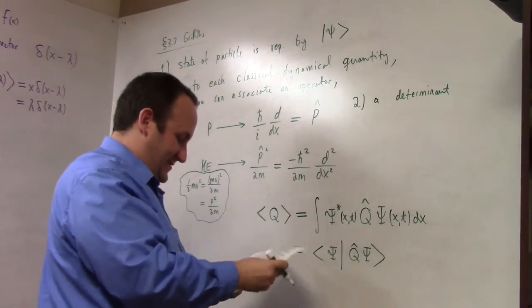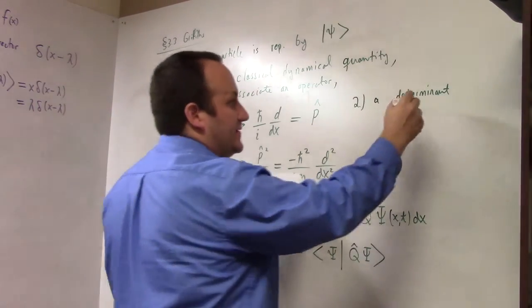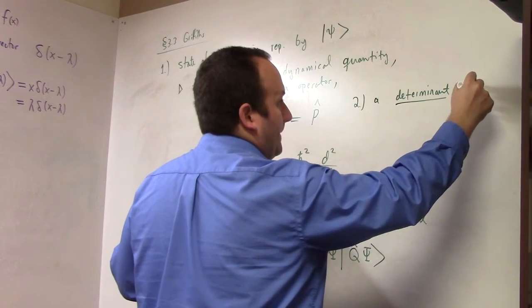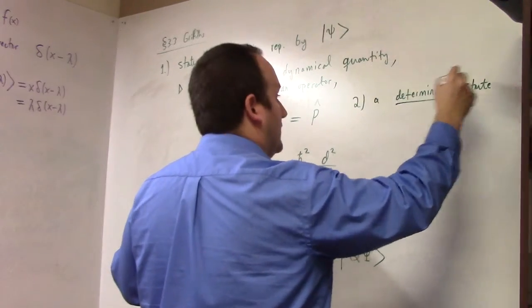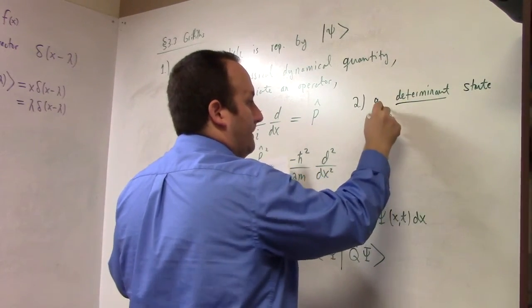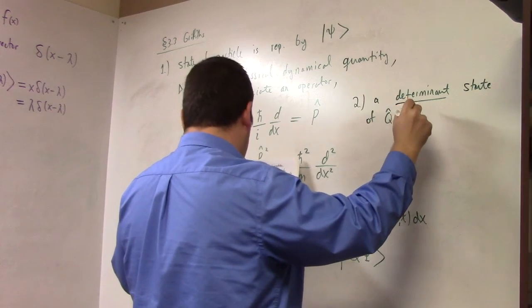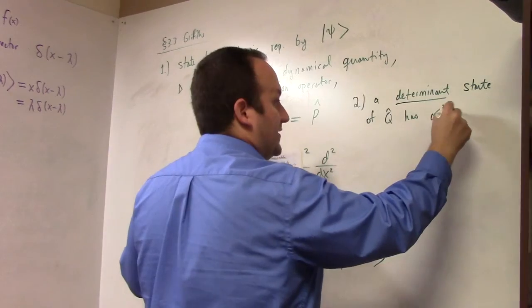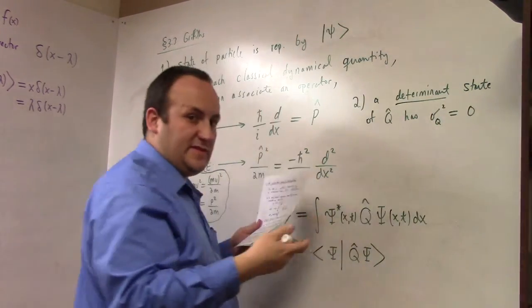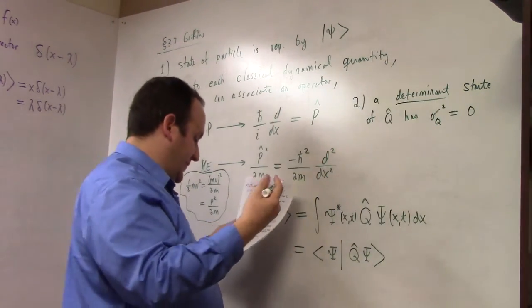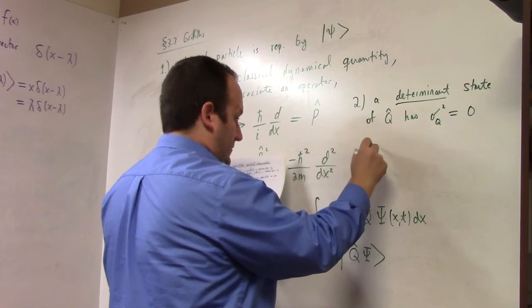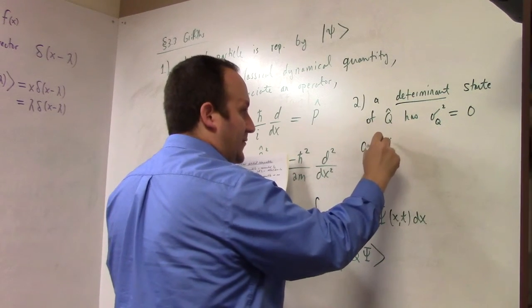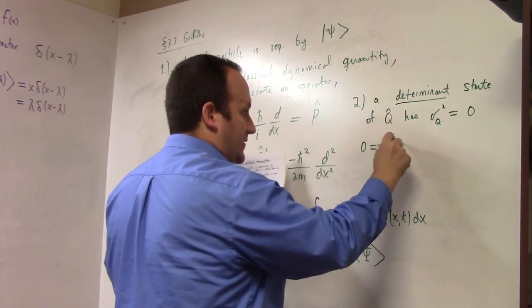This is the definition: it has the standard deviation of Q squared equal to 0. Now there starts to be some statistics in here. Maybe you'll recognize this.